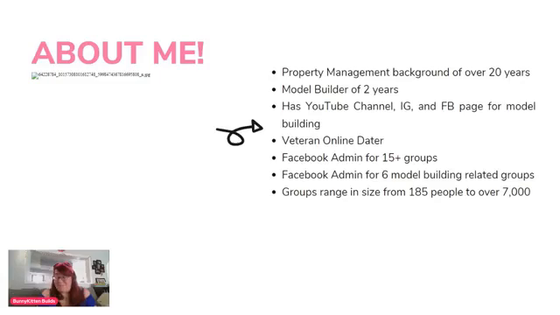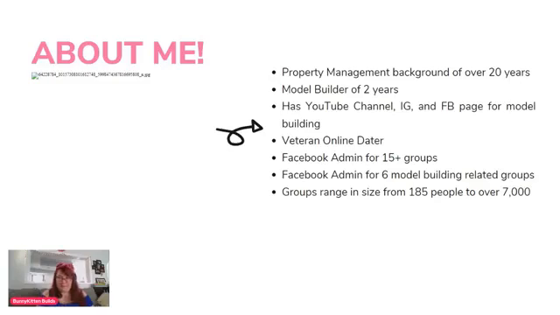I am a Facebook admin for over 15 groups. Six of them, I believe, it might be 7, I can't remember, are model building related. The group sizes across all of the groups that I admin range anywhere between 185 people to over 7,000.